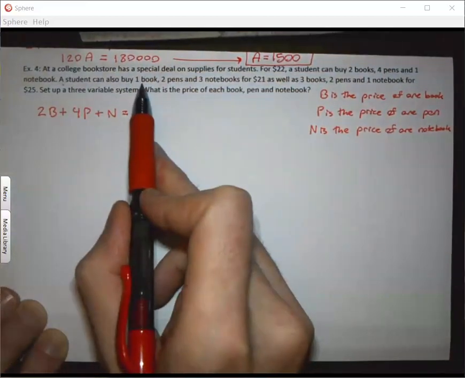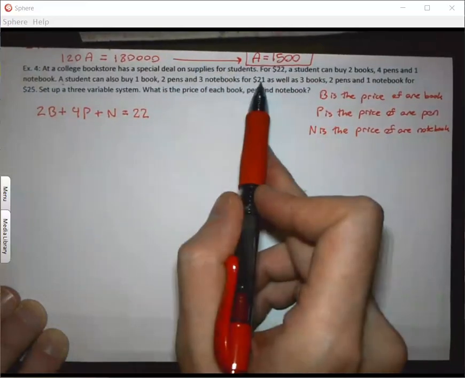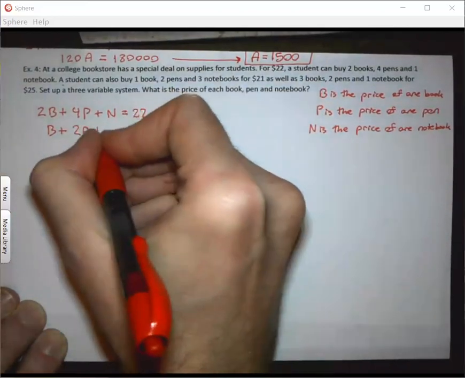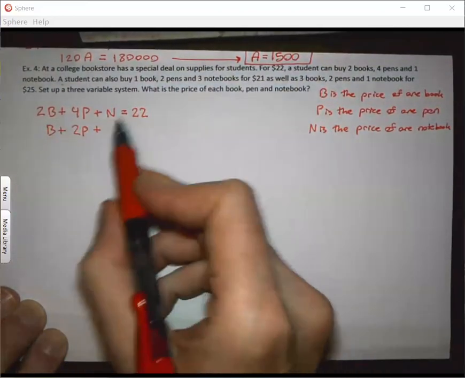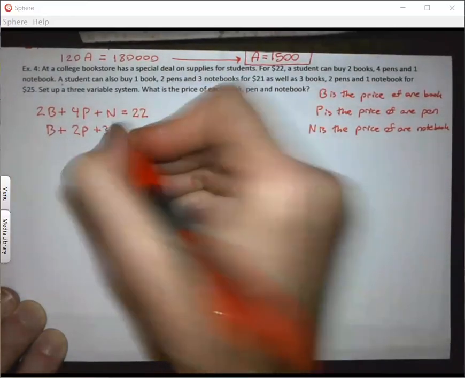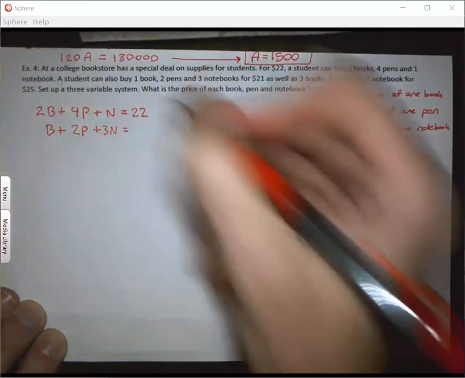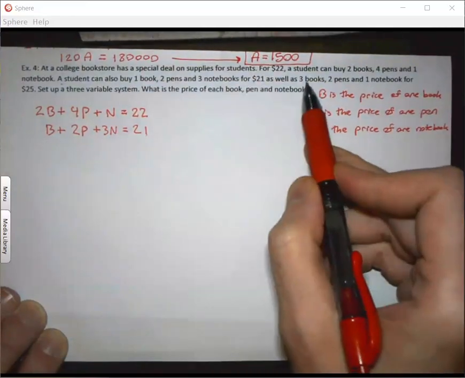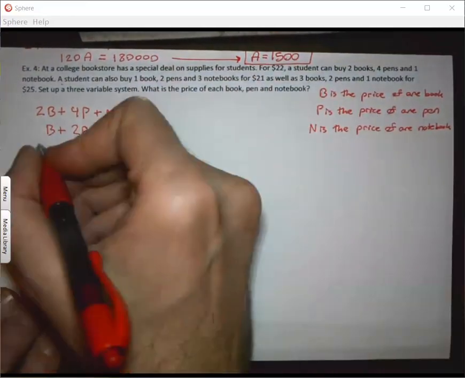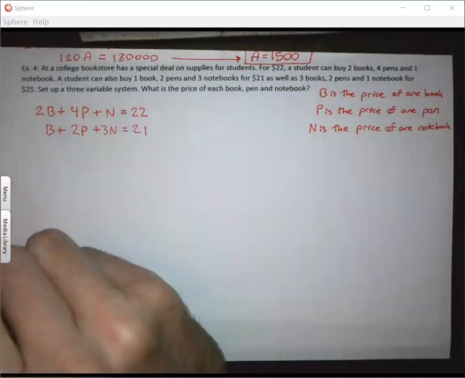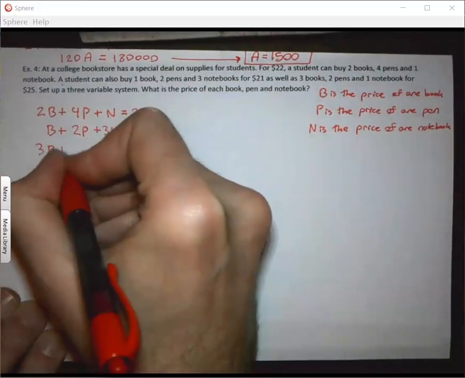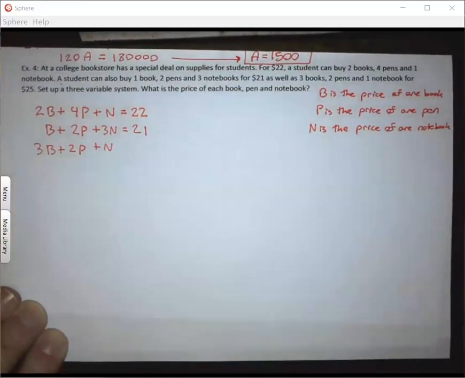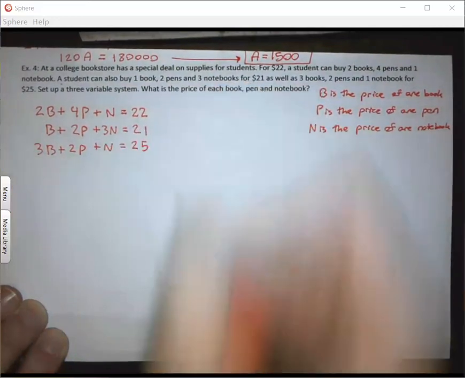A student can also buy 1 book, 2 pens, 3 notebooks for 21, or 1 times the number of books plus 2 times the number of pens plus 3 times the price of 1 notebook would be 21. And last, 3 books, 2 pens, 1 notebook for 25.